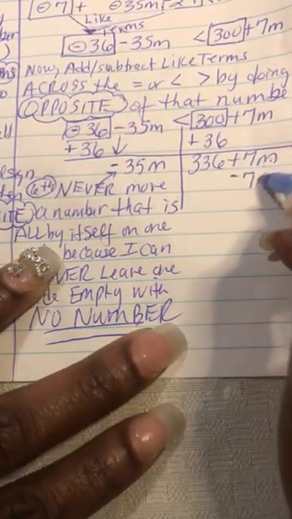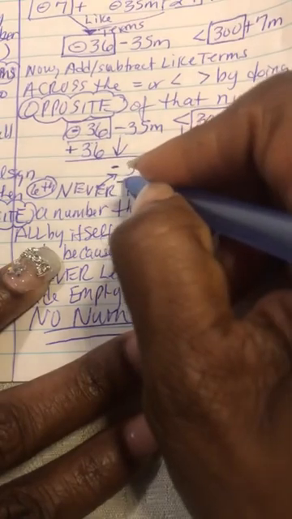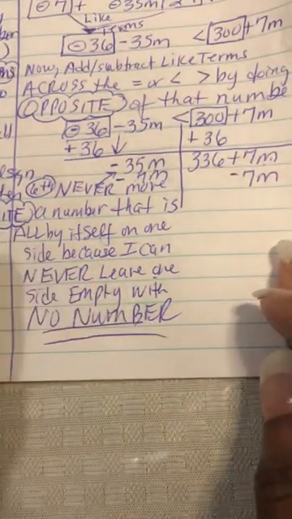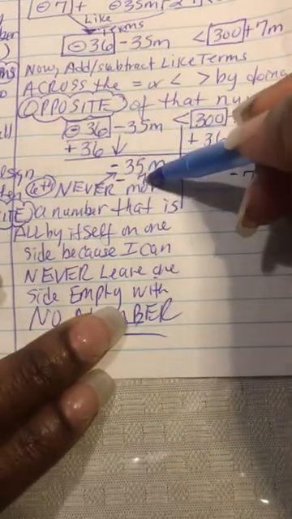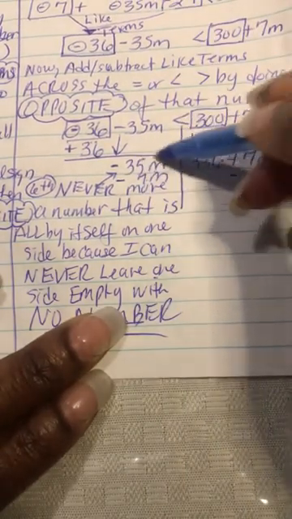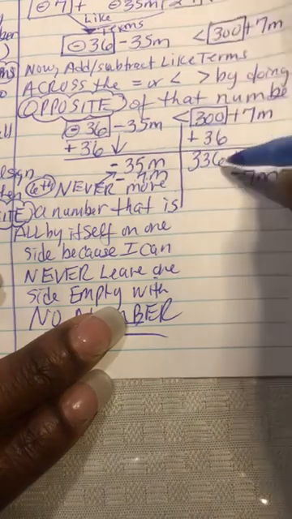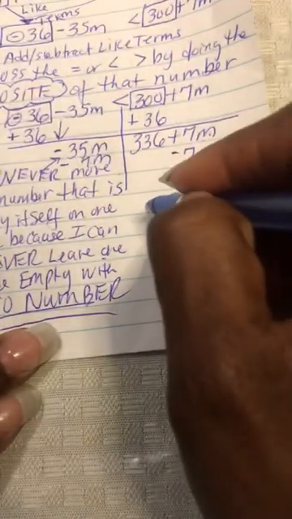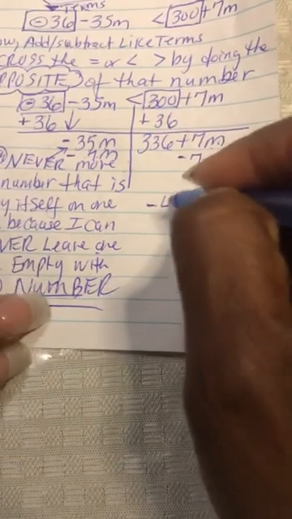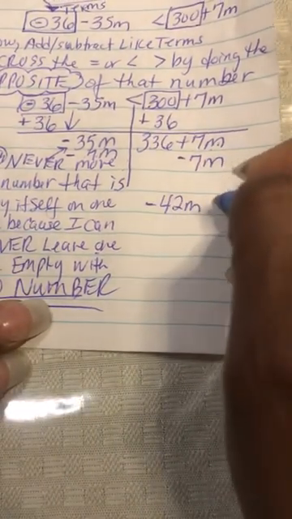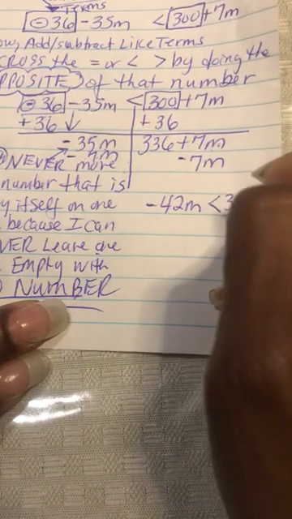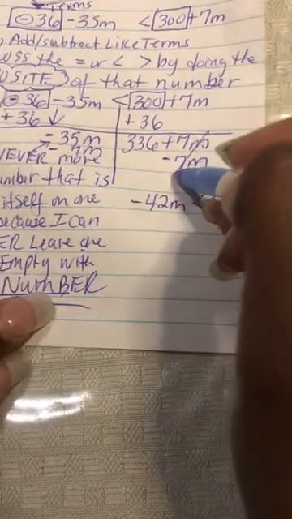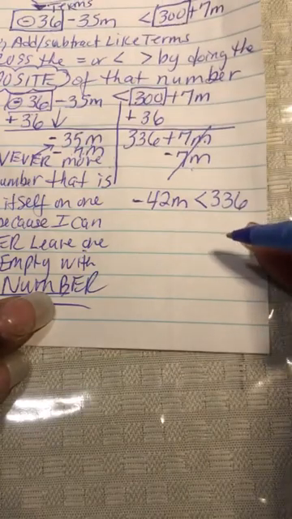So I see a positive, I'm going to put a negative 7m here and a negative 7m over here. So that means I owe you 35, I owe you 7. So that means I have negative 42m is less than 336. Because remember, a positive 7 and a negative 7 cancel each other out or equal 0.